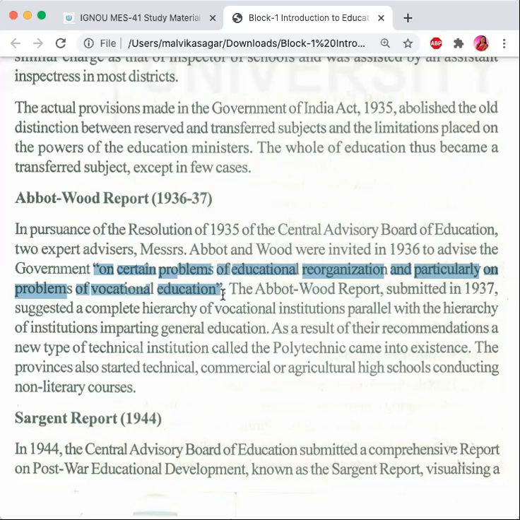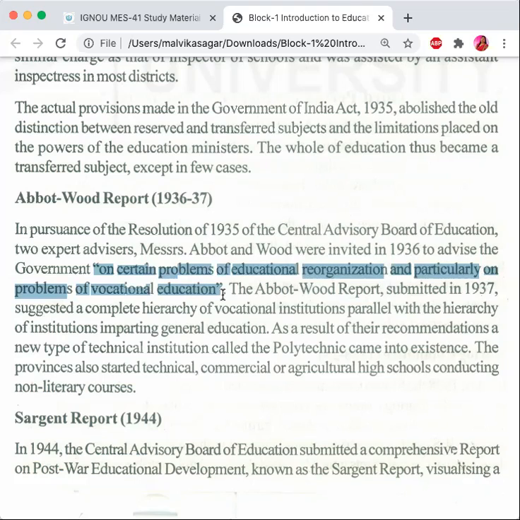So when they ask you in the paper when the polytechnic came into existence, or the concept of polytechnic is written in whose report, you can easily tell it was given by the recommendation of the Abbott Wood report in 1937.